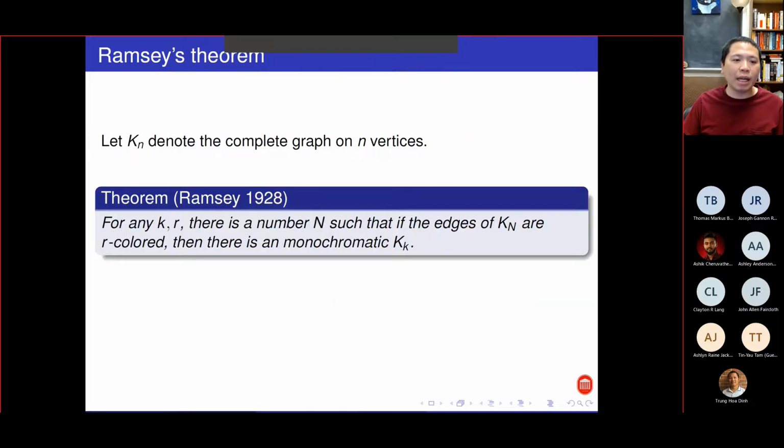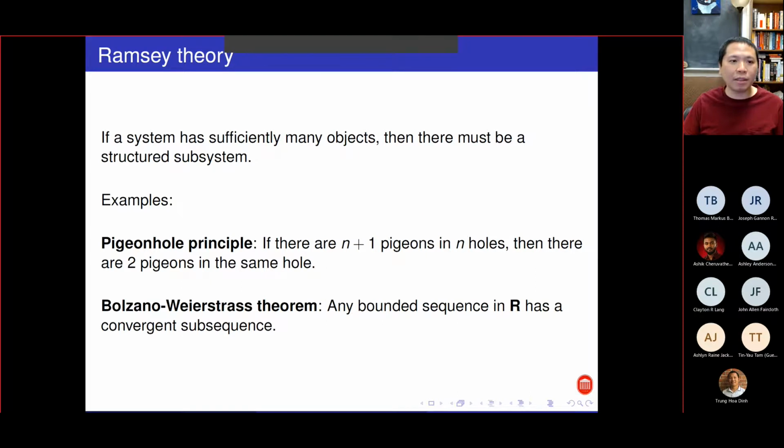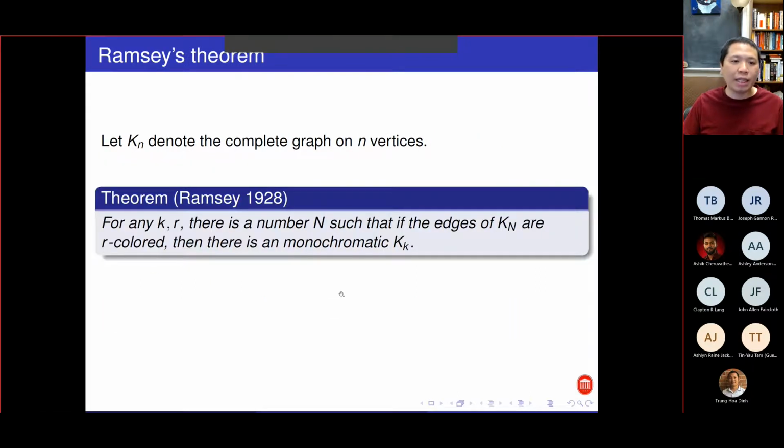Okay, so Ramsey's theorem. What does it say? If K_n denotes the complete graph on n vertices, so you have n points and you connect every pair between them, then you have a complete graph. Ramsey's theorem says that there exists a number n such that if the number of points is large enough and you color the edges of your graph by a fixed number of colors, say 10 colors, then there is a monochromatic K_k.